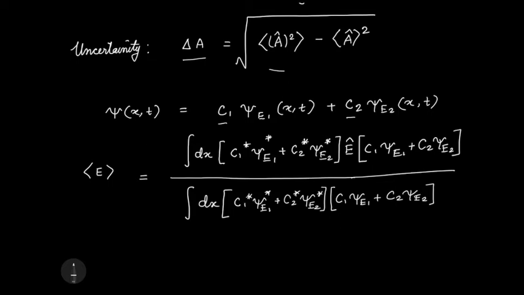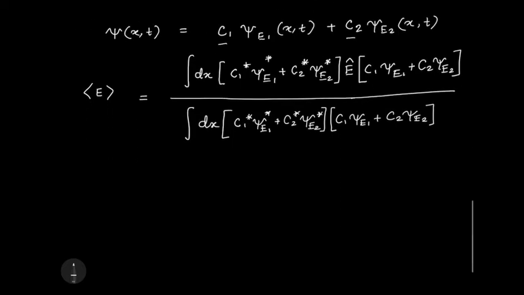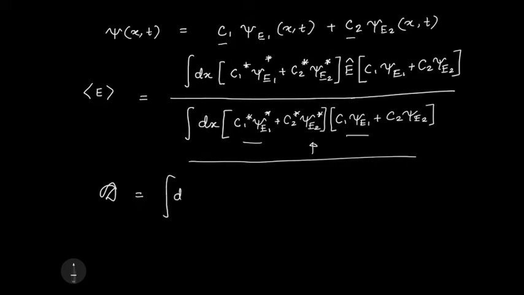All right. Now let's look at the integration in the denominator first. So let's call this the denominator. Okay, so I have four terms to integrate. C1 star times this. Let's write the first integration. So this is C1 star times C1, and then psi E1 star psi E1.